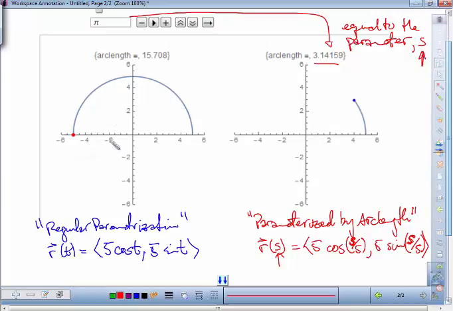Whereas on this side, when t is equal to pi, your arc length equals 15.708. So that's what? This is 5 pi? Wow.